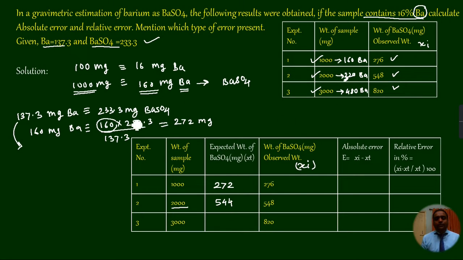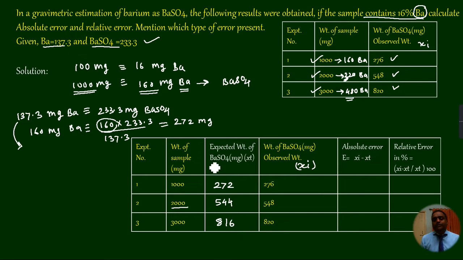Instead of this value, you just have to put this 480. You will get the values, right? So for 3000 milligrams of weight sample, it would be 480 milligrams of barium. That barium will be corresponding to around 816 milligrams of barium sulfate.